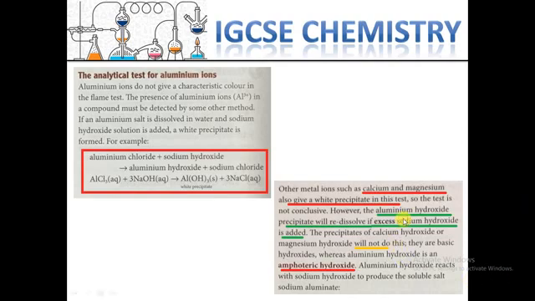The way we can tell aluminum apart from calcium and magnesium is that if we add more sodium hydroxide, beyond a certain amount, then the aluminum precipitate can dissolve again. So the white precipitate will be produced and then will dissolve with more sodium hydroxide, but this does not happen for calcium and magnesium.